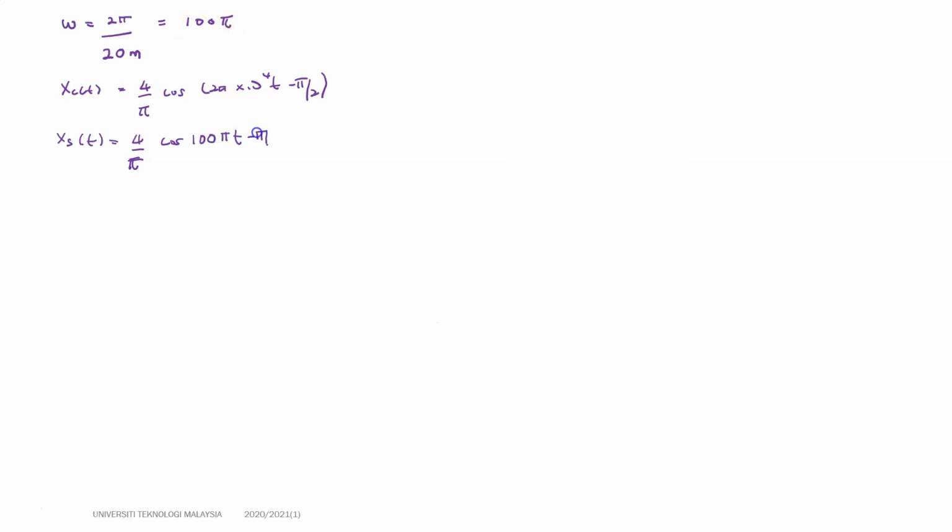To make our job easier, we can change cosine to sine, because using trigonometry, cos of the angle minus pi over 2 is actually 4 over pi sine 100 pi t. Let us draw 4 over pi sine 100 pi t so that it is easier for us to imagine.